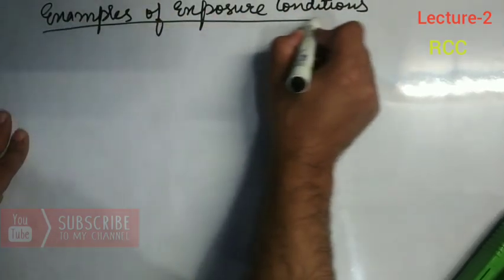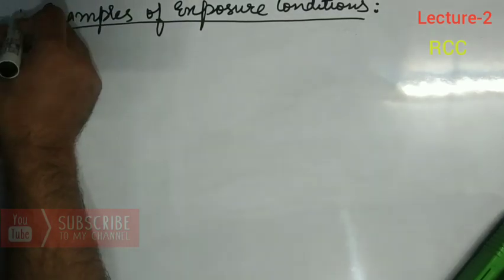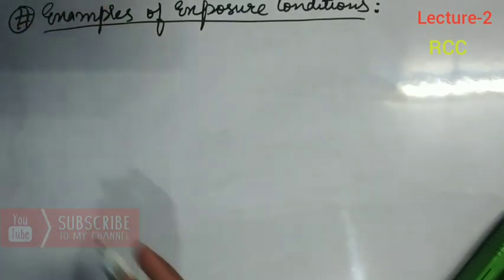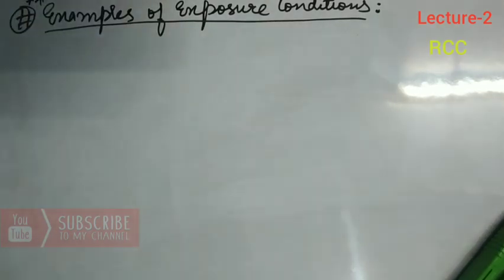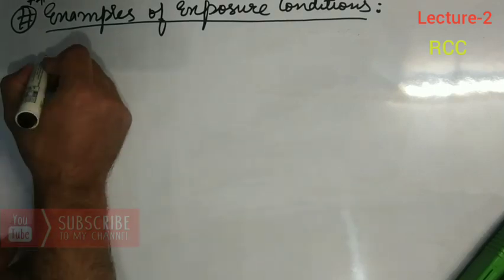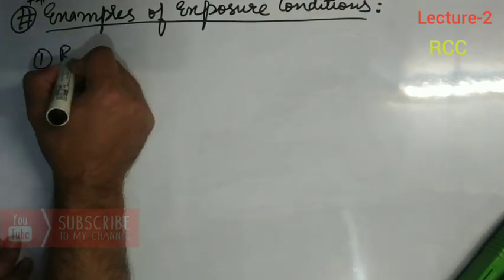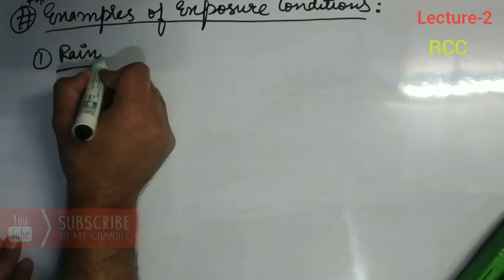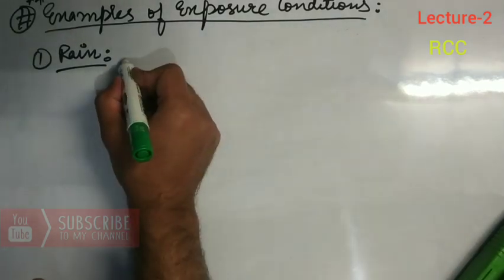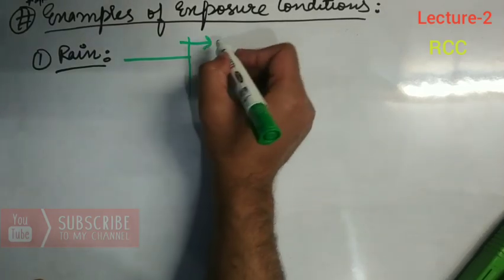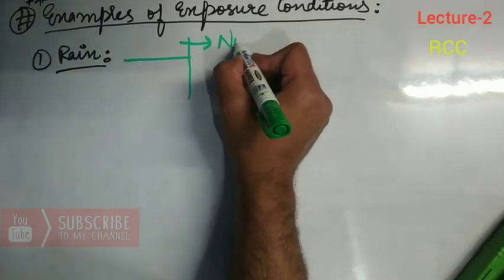See, there are various examples which they directly ask in the exams like GATE, ESE, SSC, JEE. So it is an important topic. Star mark. So the first condition we will take is rain. So in case of rain, there are 3 conditions. First condition is not exposed to rain.